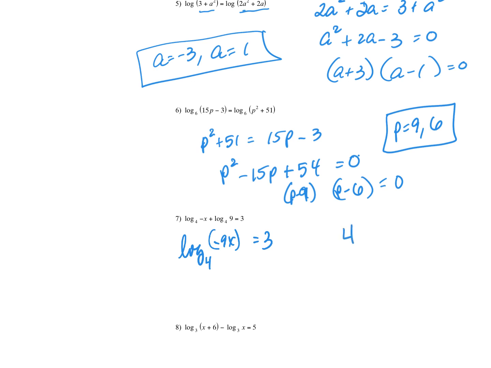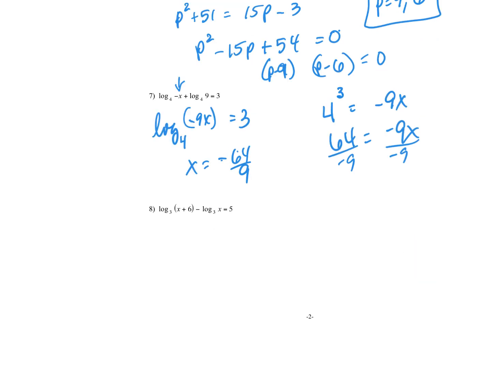So that would be base 4 to the 3 equals -9x. 64 equals -9x. You divide by -9, and you get that x equals -64 over 9. And when you plug that back in here, a negative is a positive, so it's going to work out.